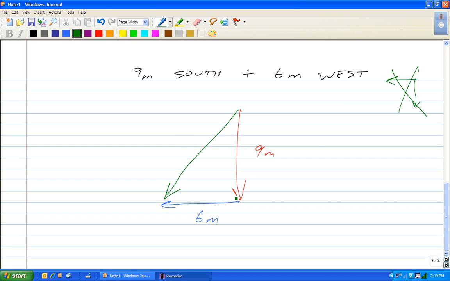Alright. Then the Pythagorean theorem tells me that's about 11 meters, right? 10.8, 11 meters. But now I've got to get the directions. So this is the resultant, right? So I want the angle that touches the tail of that vector, which is right there.